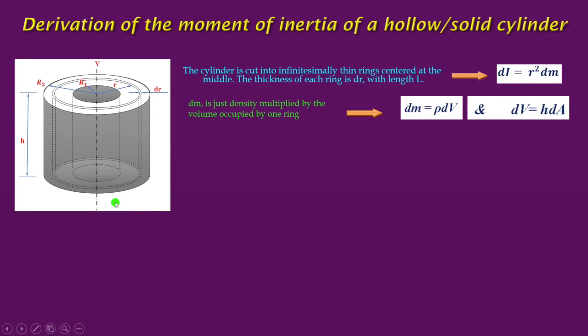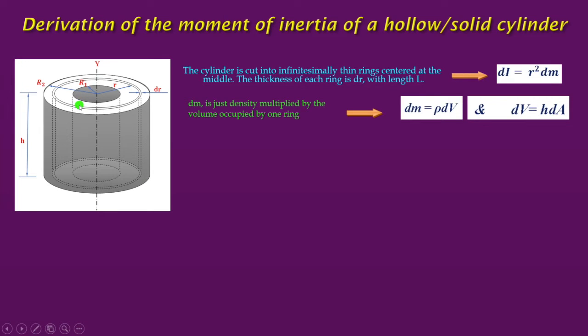Now again, dm can be calculated separately. We have to express dm as a function of r, so that we can integrate this and get the total mass moment of inertia I of the entire cylinder.